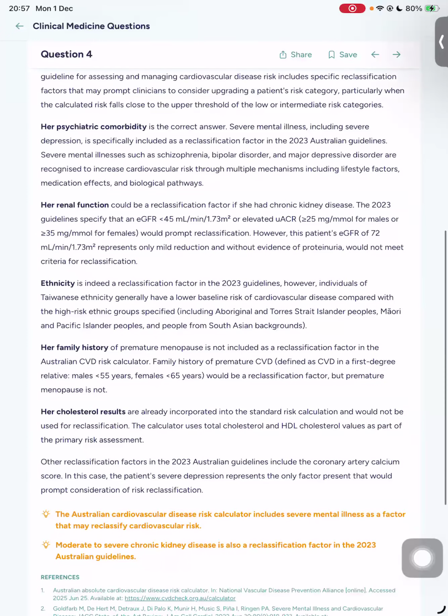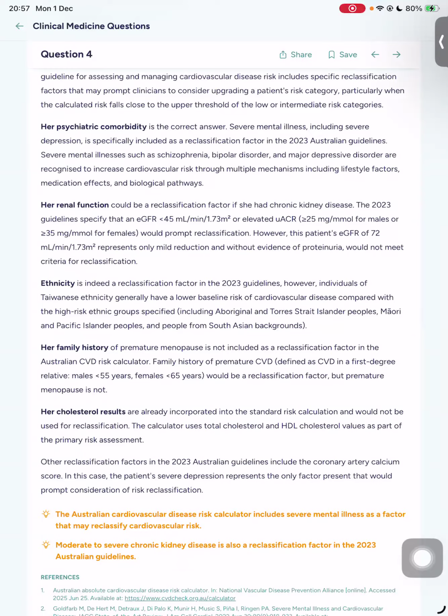So why not her renal function? It could be a reclassification factor if she had chronic kidney disease: eGFR less than 45, or elevated UACR, more than 25 for males or more than 35 for females.